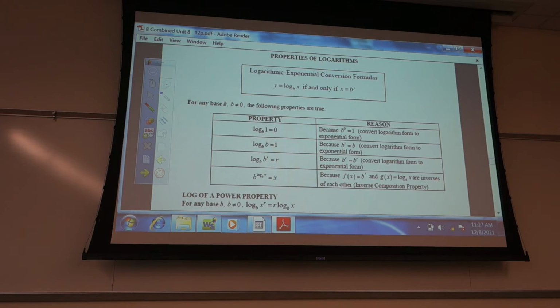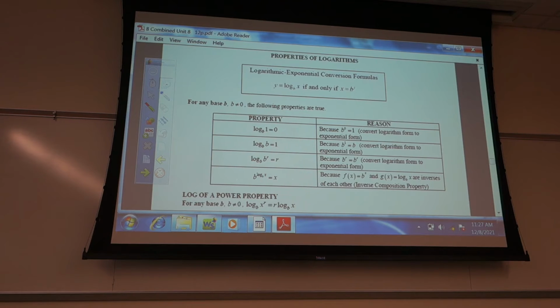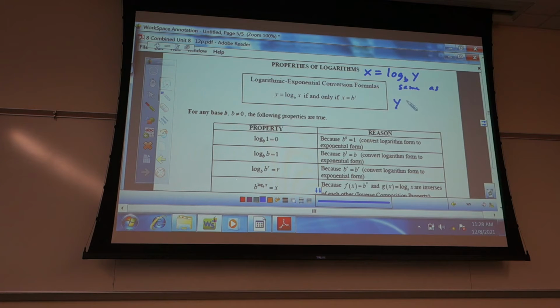So we have our properties of logs. And remember, the trick with logs is remembering that, and I like to move this around personally. So I like to think of it really being more like x equals log of your base to your answer. So this is the same thing as y equals e to the x power.